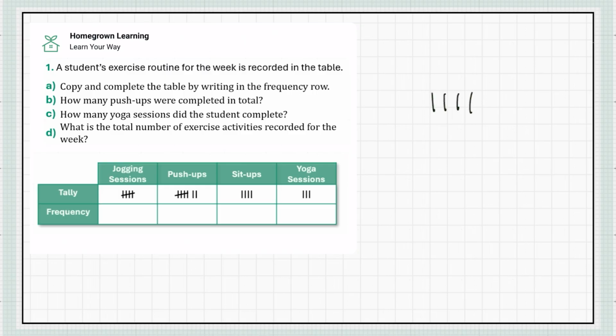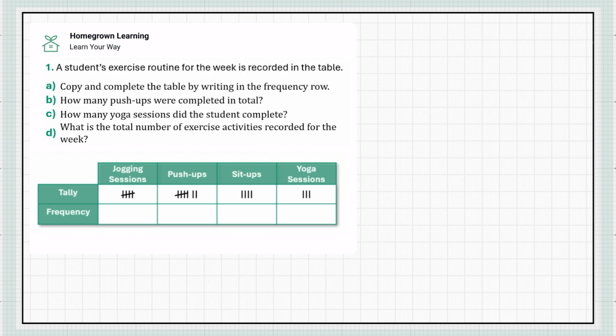Here we would have recorded 4 jogging sessions, and then the line through it actually represents 5. So each set goes up to a maximum of 5 before we start again, and these are a way in which we can keep track of what's happening and then convert it into a number later.